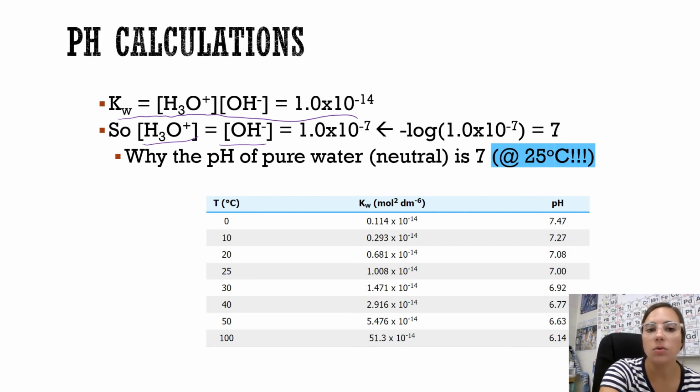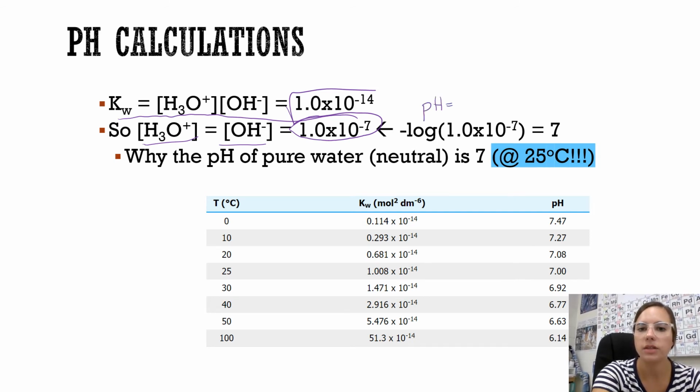So if these equal one another, I can take the square root of 1 times 10 to the negative 14, and that tells me that the concentration of hydronium and the concentration of hydroxide is 1 times 10 to the negative 7. So if I take the negative log, because pH equals the negative log of the hydrogen concentration, which is 1 times 10 to the negative 7, I get 7. So that's why the pH of pure water or neutral water is 7.